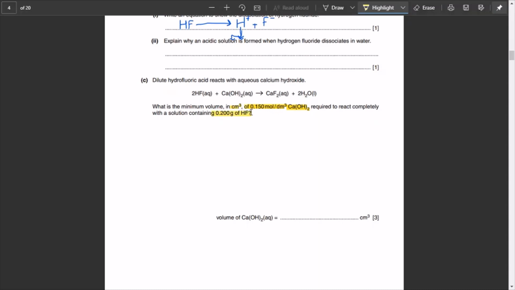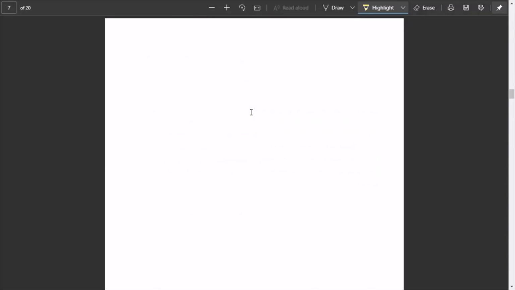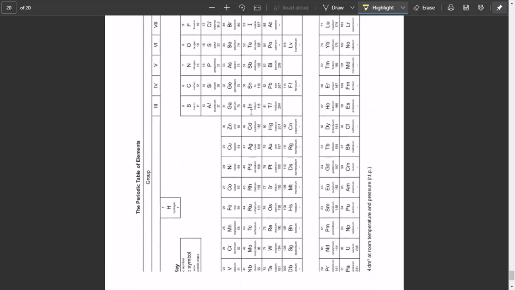So for HF, we need to refer to our periodic table.